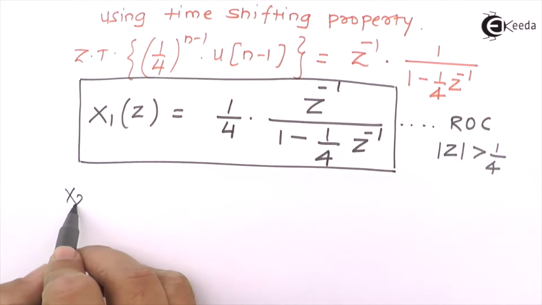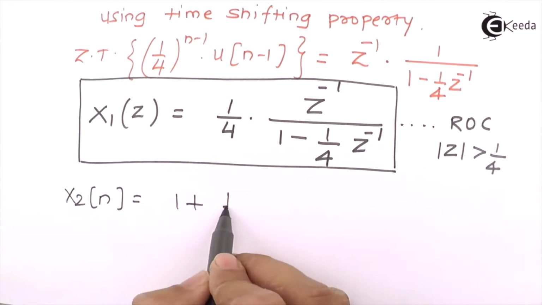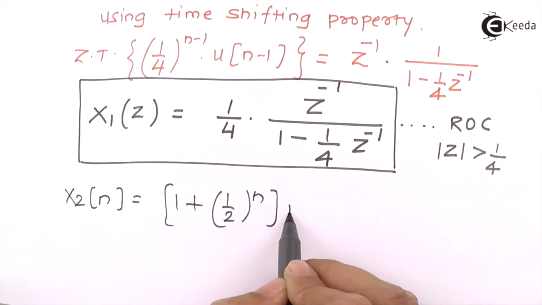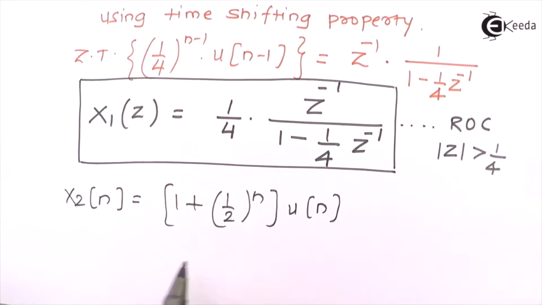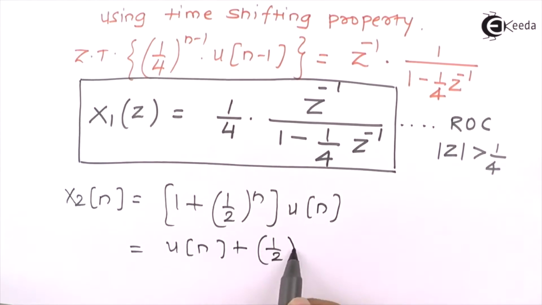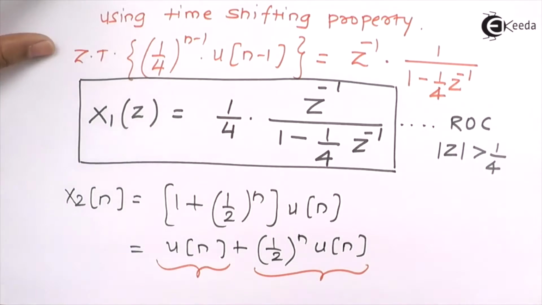Let's concentrate on the second signal then, x2 of n, which is (1 plus (1/2)^n) u of n. We'll simply solve this bracket, so you'll get u of n plus (1/2)^n u of n. Here we have to take the Z transform of these two signals, and in the end we can add them.